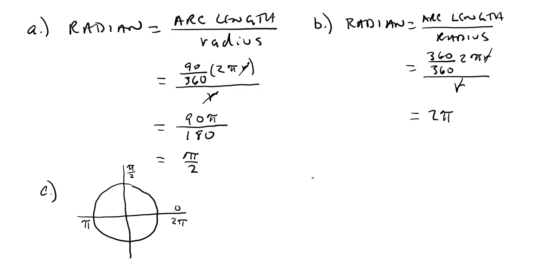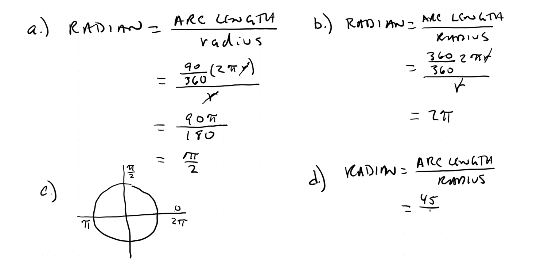And when we do D, just to stick with the formula, we know that a radian is equal to arc length over the radius, and we know that the arc length is going to be 45 over 360, times 2 pi r divided by r.